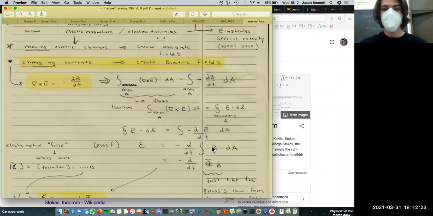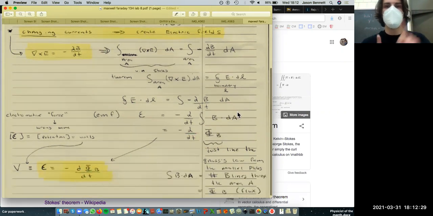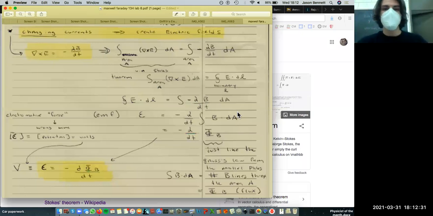So this integral of B over an area is called the flux. It's the number of B field lines that go through an area. And so now I'm going to define, so this is the time derivative of the flux on the right-hand side. And on the left-hand side, this integral of the field over the length of that square or surface I'm using, I'm going to define that as something called the EMF, or the electromotive force.